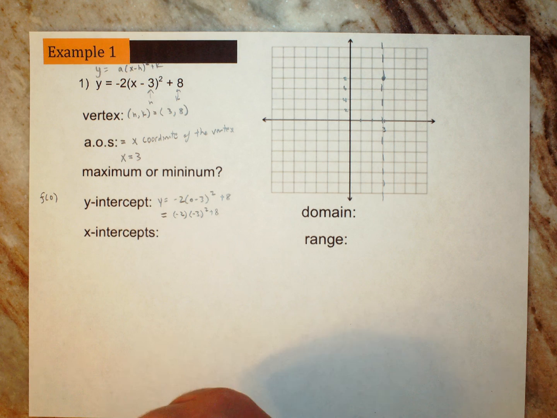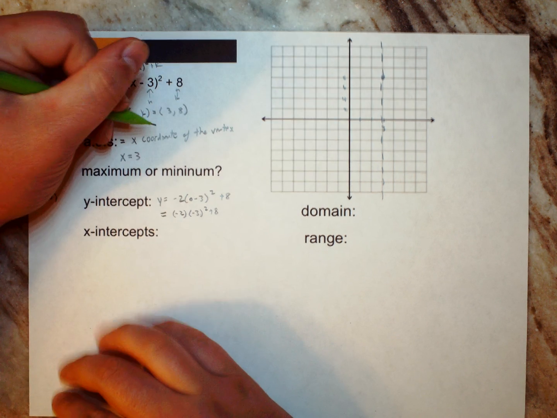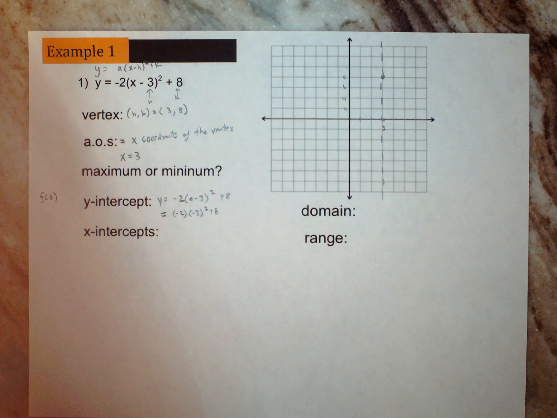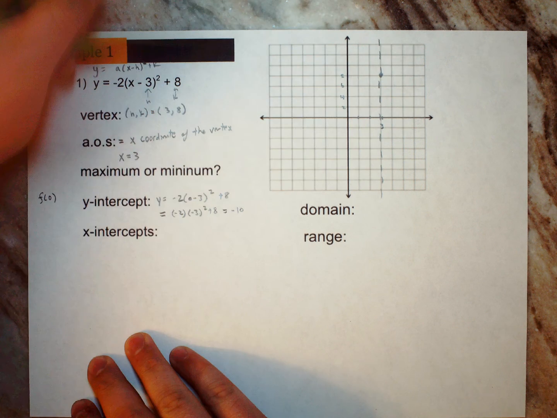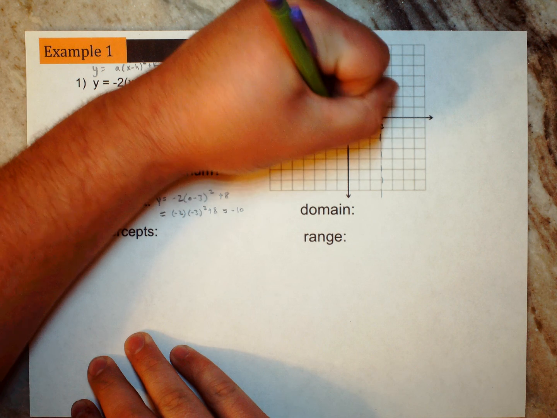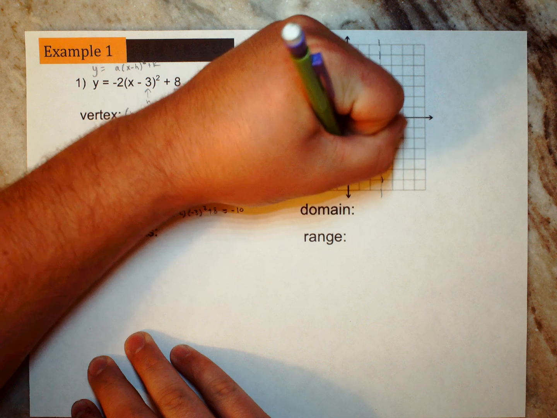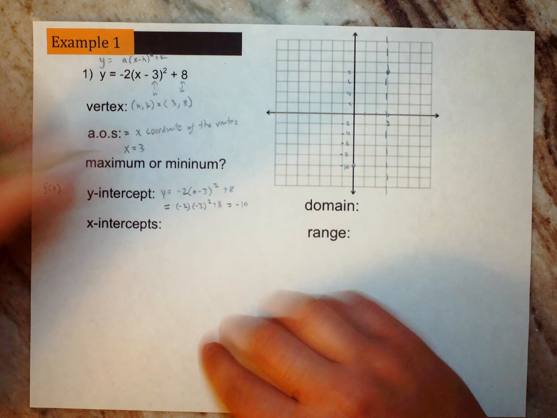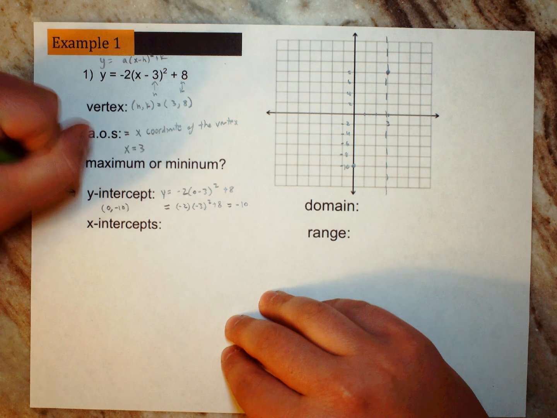And it actually comes out to, let's see, 3 squared is 9 times -2, -18 plus 8. So that should be -10. So -2, -4, -6, -8, -10. So there is the y-intercept right here. Y-intercept is 0, -10. And again, I got that by doing f of 0.